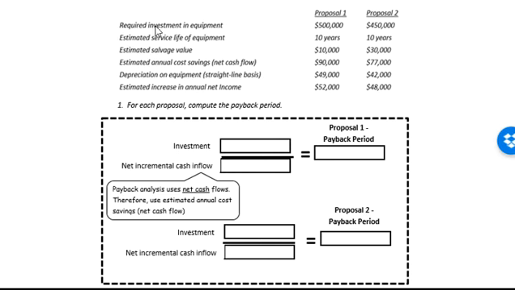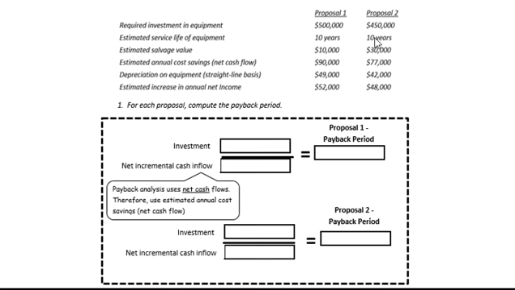Okay, the first thing is we're shown that we have several different elements of information here for proposal 1 and proposal 2. And this could be information that was accumulated by our, let's say, cost accounting or management accounting department, different information about both of these proposals.